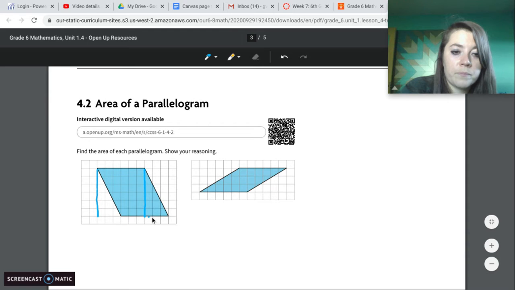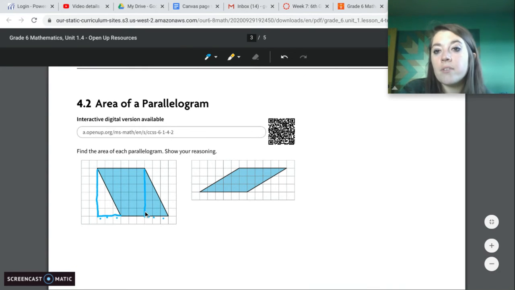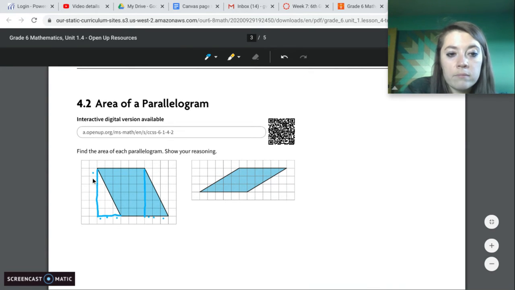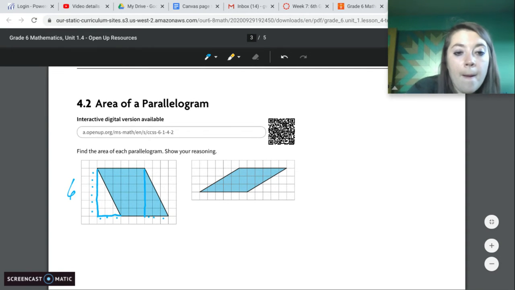This is 1, 2, 3. This is 1, 2, 3. So there'd be our base. And now this triangle over here would be gone. Well, now we have a square. So 1, 2, 3, 4, 5, 6 high by 1, 2, 3, 4, 5, 6 wide.